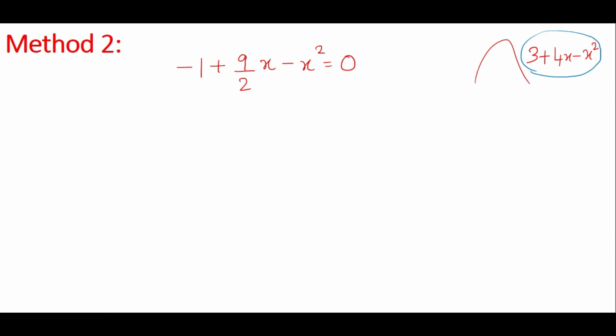So which means minus 1 plus, now 9 over 2, I'll write it as 4.5x minus x squared. Now I'm going to add plus 3 plus 4x minus x squared on the left hand side and on the right hand side.